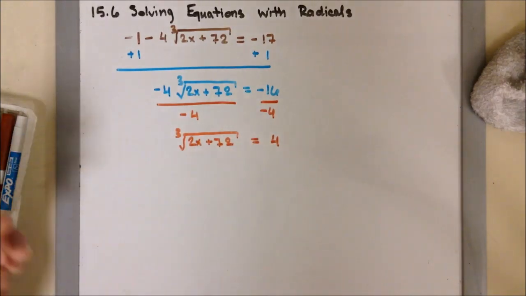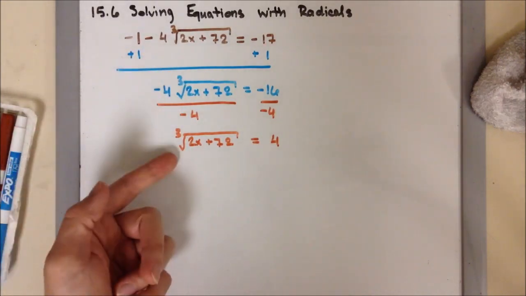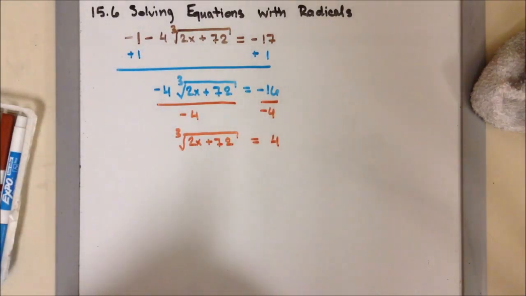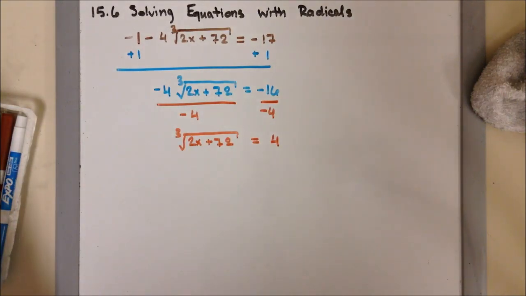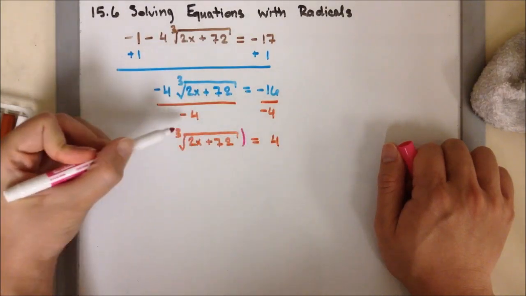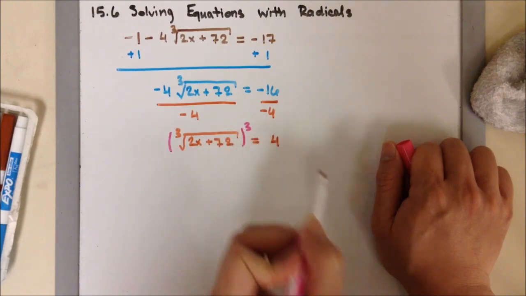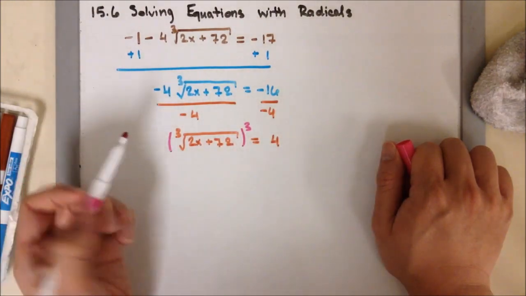But again, I want to stay consistent with my work, so I kept the index, so that way I know I'm working with the cube root. Since I'm working with the cube root or the third root, therefore I'm going to raise both sides by the third power, so that way I can get rid of the cube root.